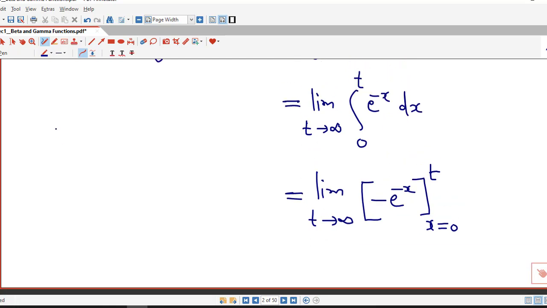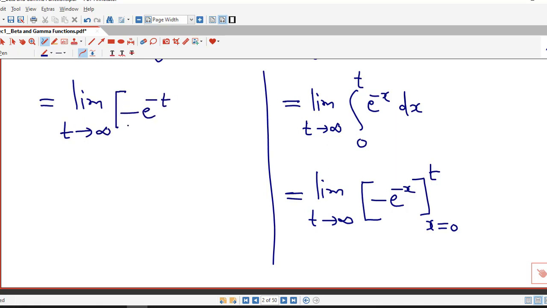So this gives limit t tending to infinity of the upper limit x equal to t and the lower limit, and we have a negative sign also, so negative negative is positive, and e raised to 0 is 1.